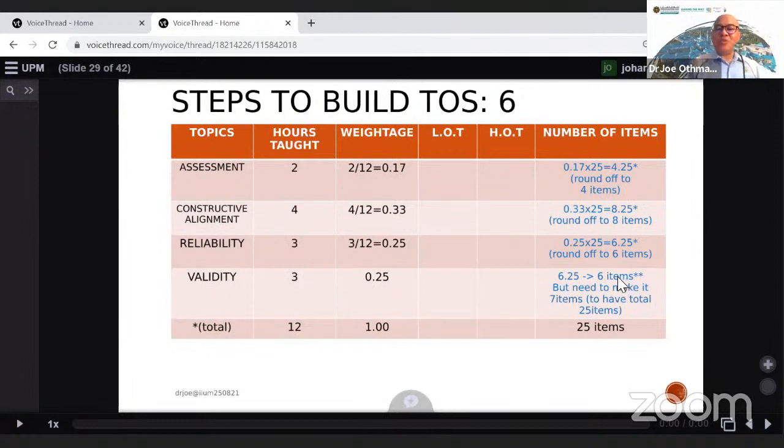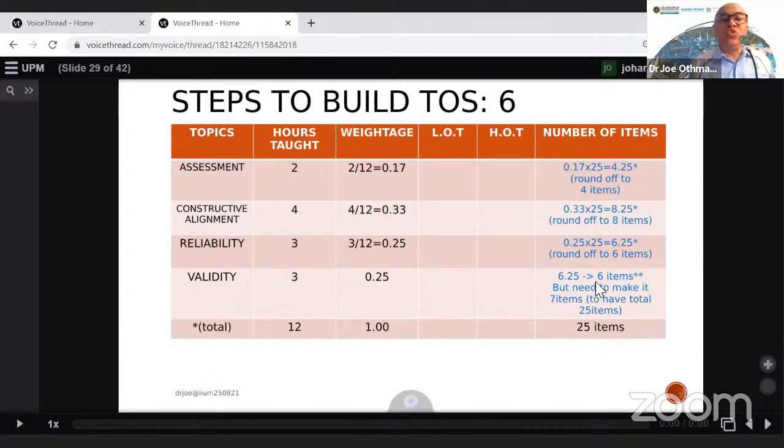But here, the last one, if you notice, if I add 6 plus 8 plus 4, I get 18. If I stay this with 6, I only get 24. Meaning I am short 1. So for this final one, you cannot round it off. Even though it says 6.25, you purposely, because students are often confused, I have the power, this is my toss, so I decide to make sure I maintain and get to 25.